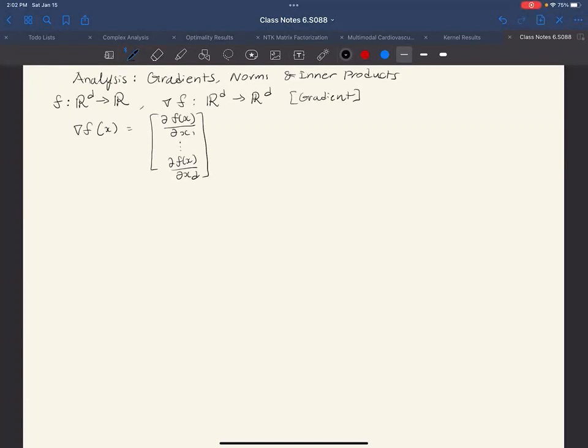And let's go over maybe one of the simplest examples of just a function in 2 dimensions. So let's just say I have f of x1 comma x2 is just x1 squared plus x2 squared.